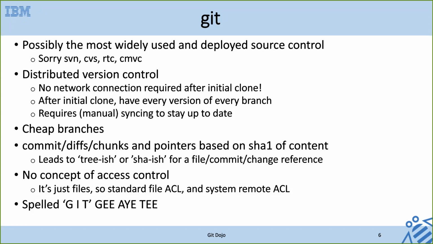Everything that is stored and tracked by Git has one of these, but the main one we're concerned with on a day-to-day basis is the commit level, which is a data structure that holds all the pointers to all the different files, saying this is this specific file, this is this specific file.